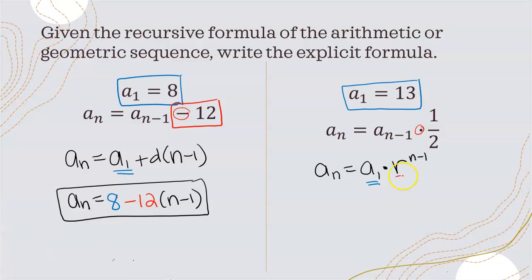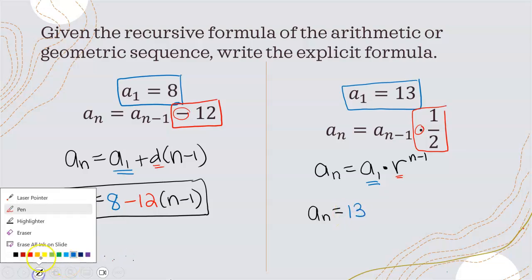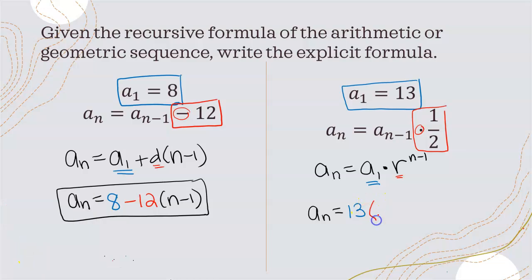And I need to find my common ratio, which is going to be 1/2. That's what I'm multiplying by. So now when I write this in my formula, I would have a sub n is equal to a1 is 13, and then times, I'm going to use parentheses, 1/2 to the n minus 1. And that is my explicit formula.